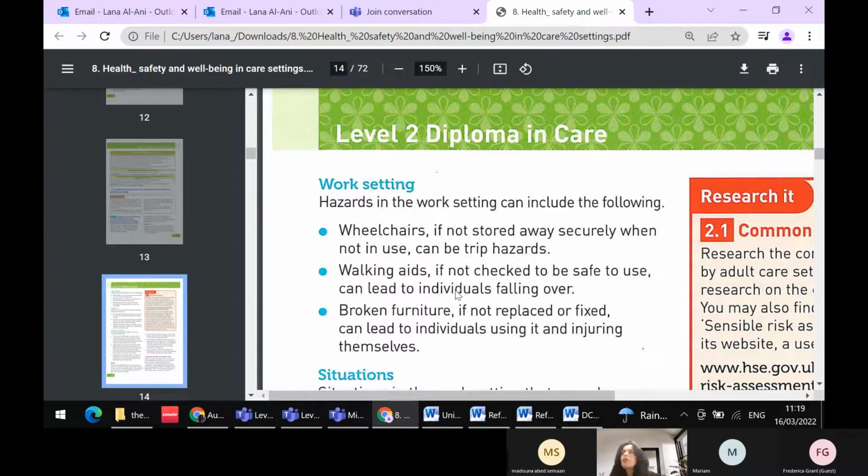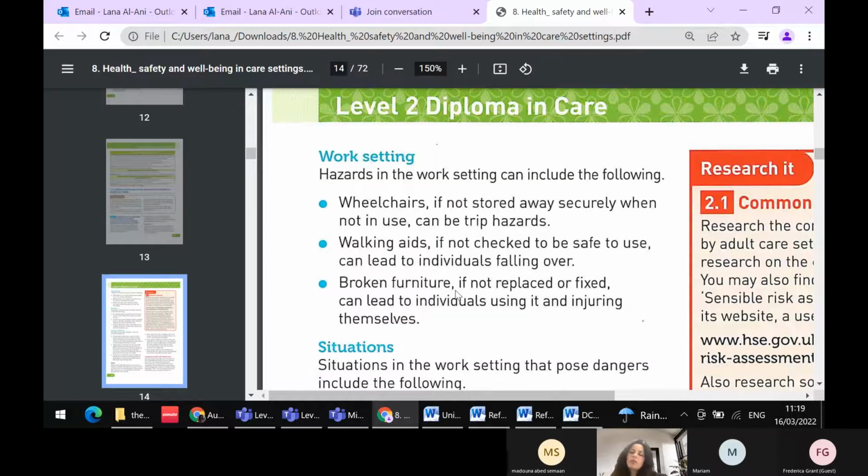So for example, if a wheelchair is broken, we need to not use it, because this could be a big hazard for the people to use and then they fall because it's broken. Also a walking aid, if it is not safe to use, the people might fall. Broken furniture, they might sit on it and break it and then they hurt themselves.